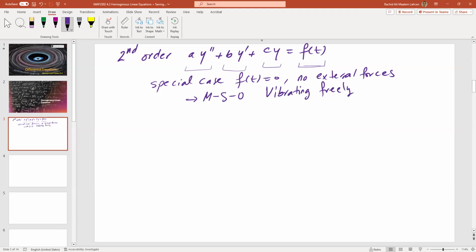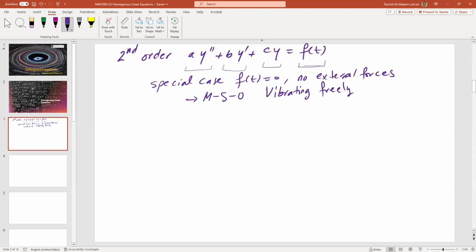It's important to understand vibrating freely doesn't mean it keeps going on all the time, nonstop. It just means no external forces. But we saw the other cases have to do with the damping.